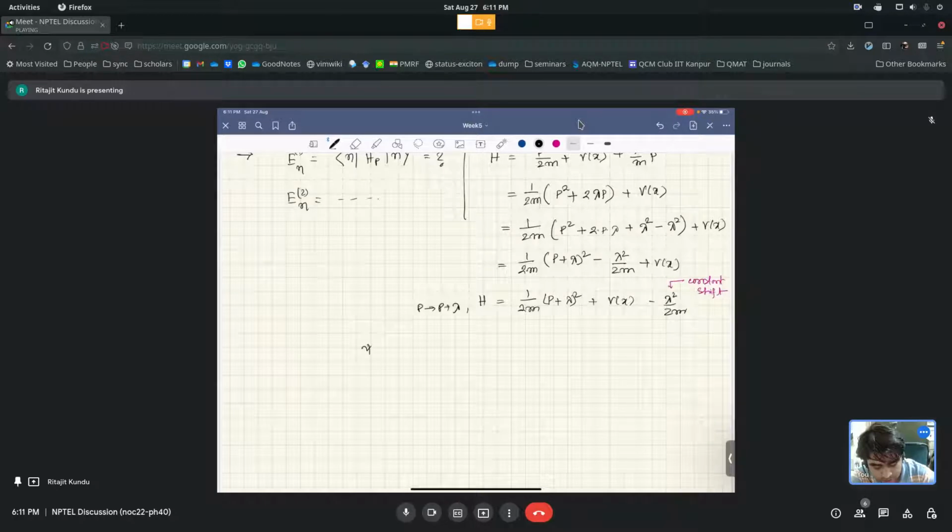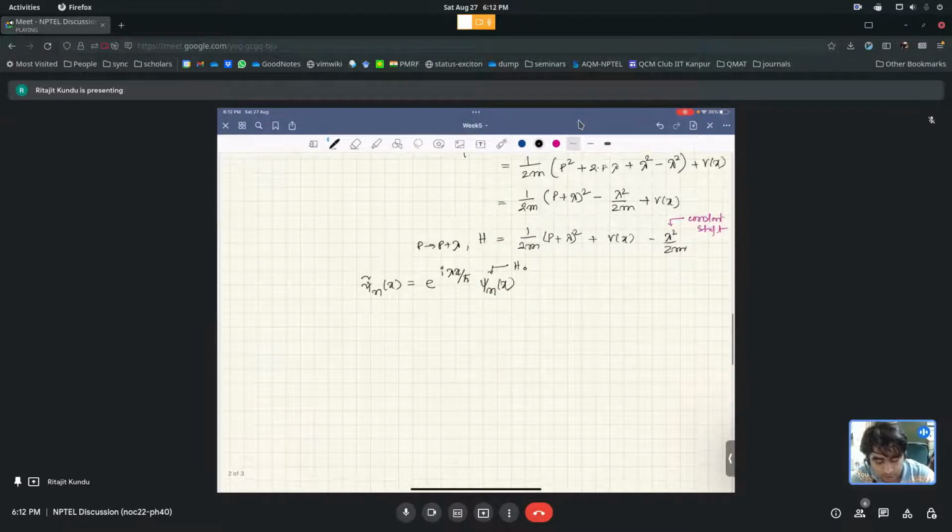So I define a new psi tilde with e to the power i lambda x by h bar times psi n x. This psi n was the solution of my H naught, and this is the additional phase term which depends on x. These are the new things that I am adding, and I am trying to see whether this satisfies the eigenvalue equation or not.